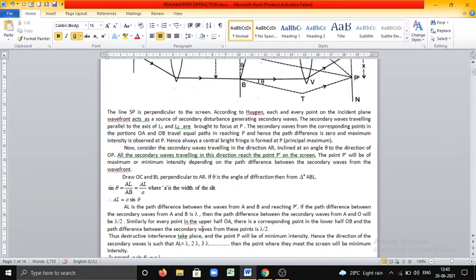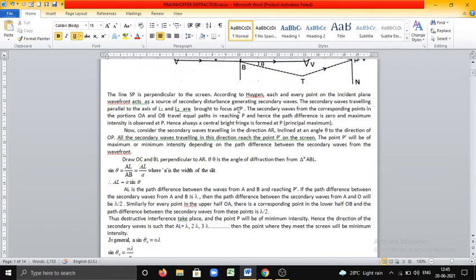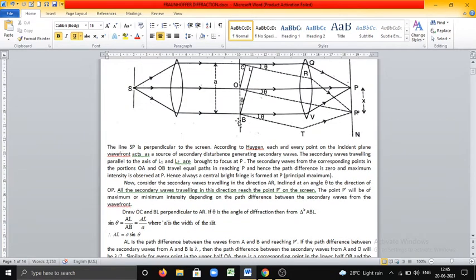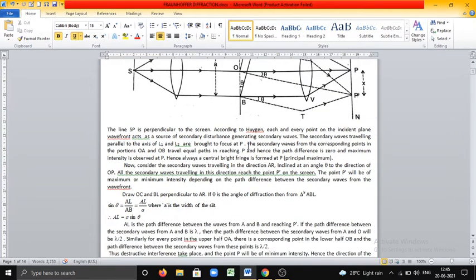Then see here, for every point in the upper half OA, there is a corresponding point in the lower half OB, because according to Huygens principle every point on this wavefront serves as a source. Hence the path difference between the secondary waves reaching P dash from corresponding points is lambda by 2.